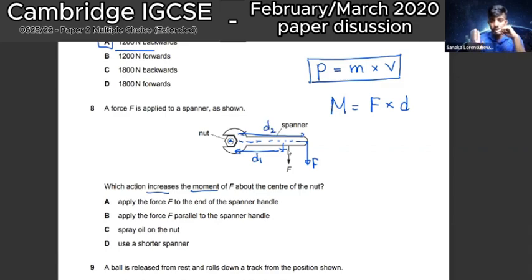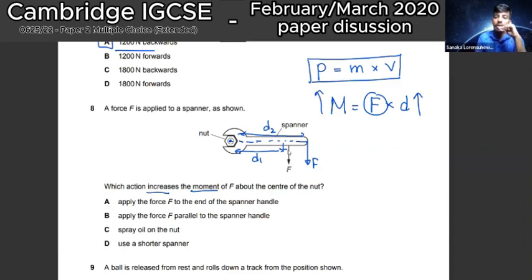Force is the same, constant force. We increase the distance. What happened to the moment? Yeah, moment is also increasing.